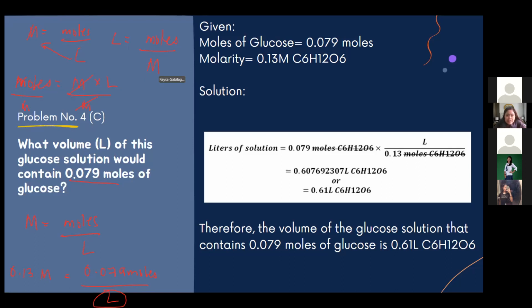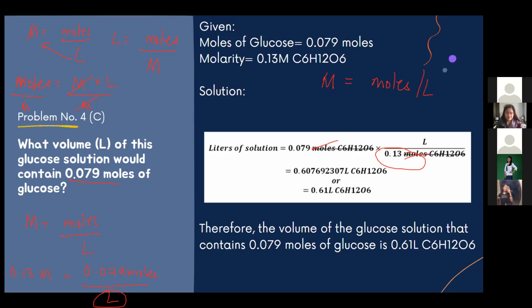If you look at what they wrote here, you have the given 0.079 moles on top and below, divided by the molarity. This is actually the molarity. They just used moles per liter instead of the capital letter M so that we can cancel the units. You can cancel the moles, and you will be left with liters.